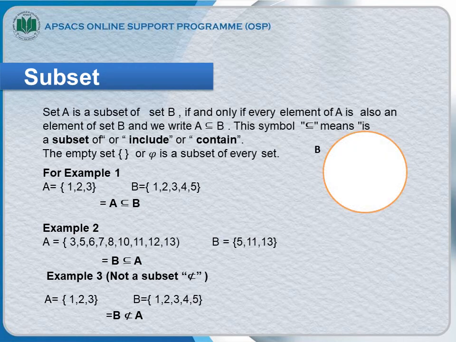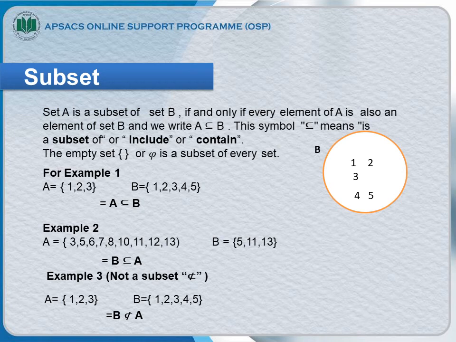Venn diagram. For example 1, we have a set B with the larger number of elements, so it is the main set. We draw a circle, and next we write the elements of B within the circle: 1, 2, 3, 4, 5.